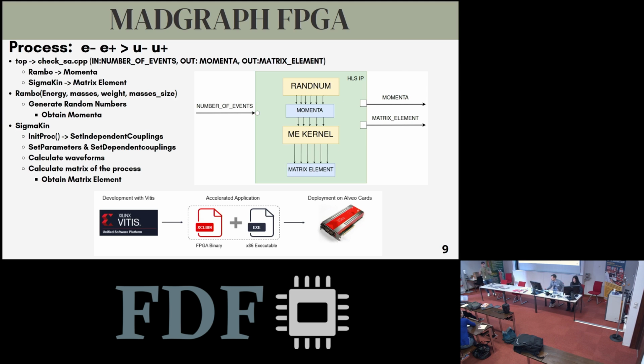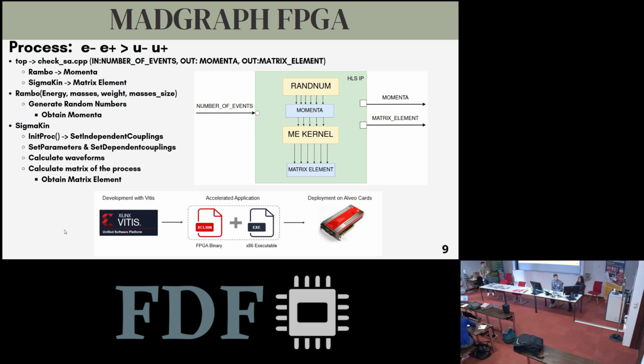I port the matrix element calculation part, and this is the algorithm. I set the number of events, and I extract my IP, written in HLS, the momenta and the matrix element calculation for each event. I developed this in Vitis HLS.